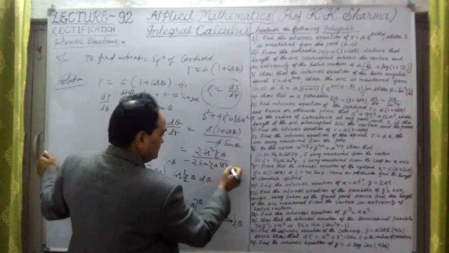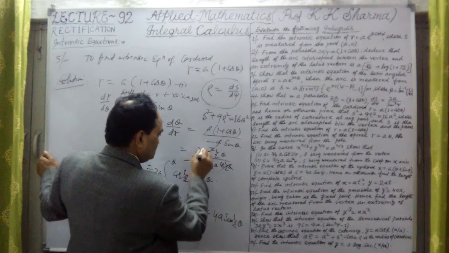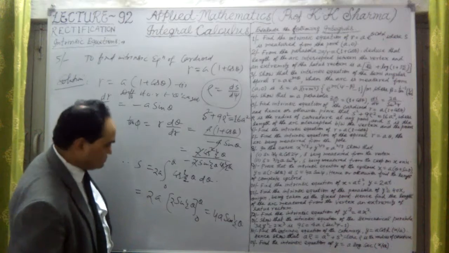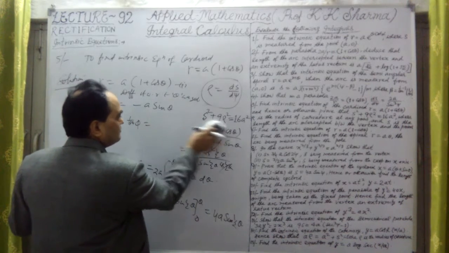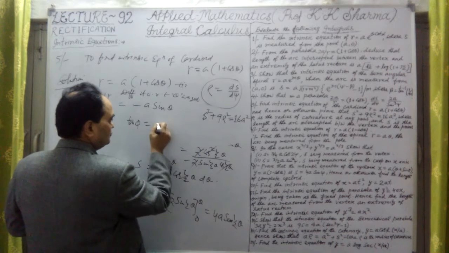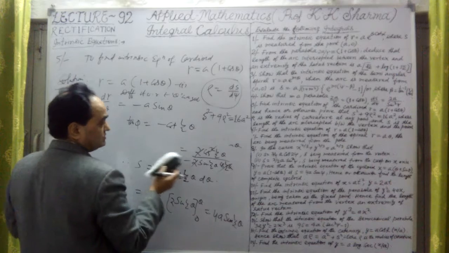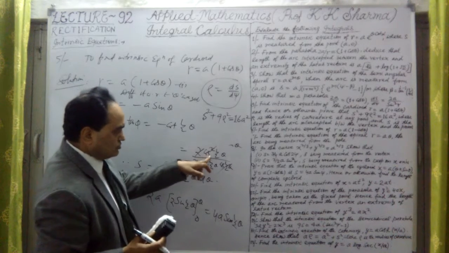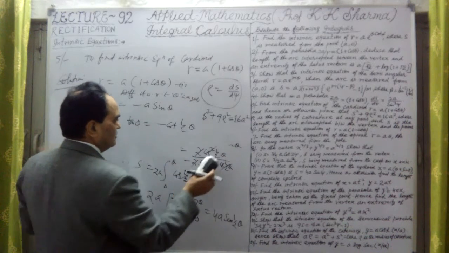Got the point? One cos cancels out and the 2 cancels out. So this is minus cot half theta, since cos half theta upon sin half theta is cot half theta.